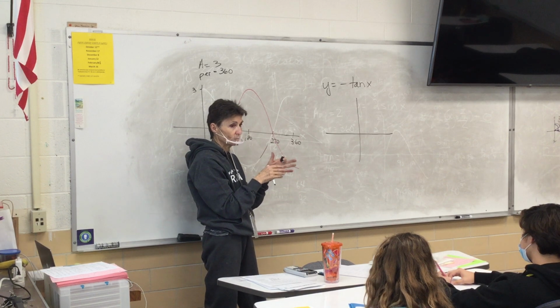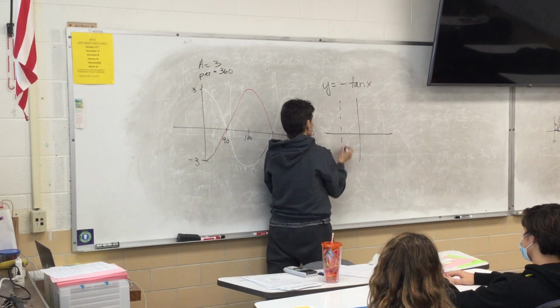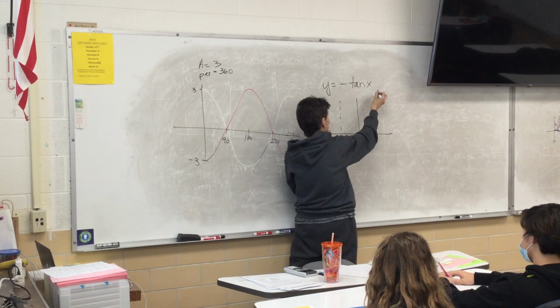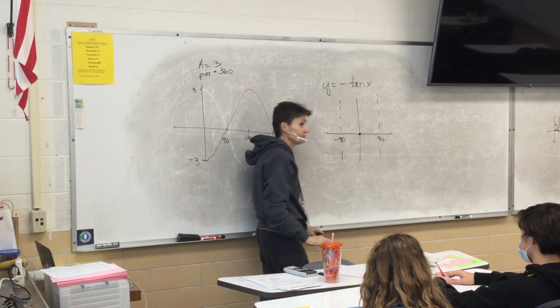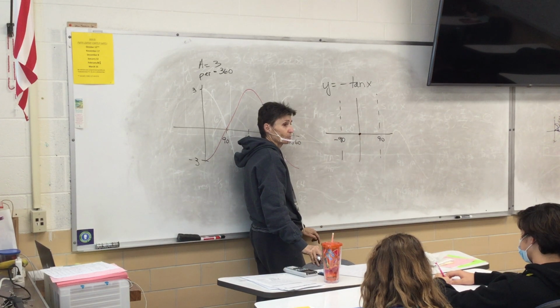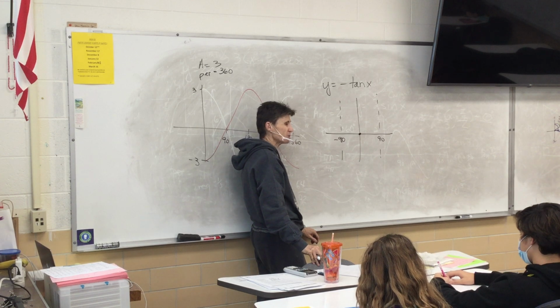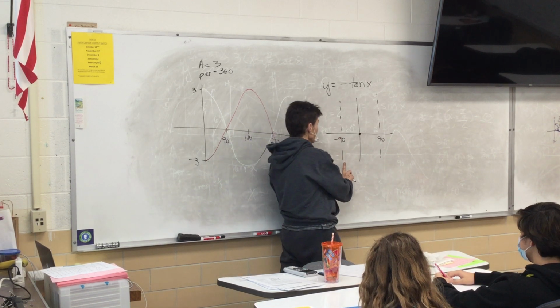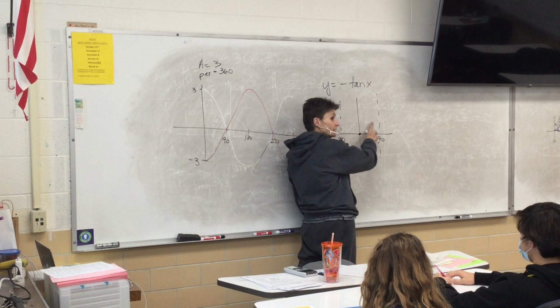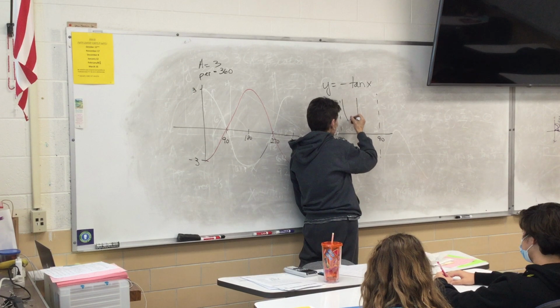Asymptotes at negative 90 and 90, and a dot right there in the middle. And we're supposed to put in a squiggly line. The normal squiggly line goes in like this, right? But this is upside down, so isn't it going to squiggle like this?